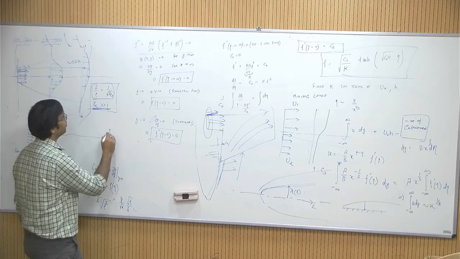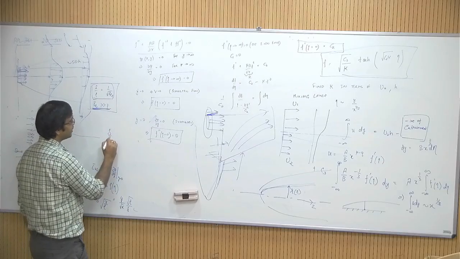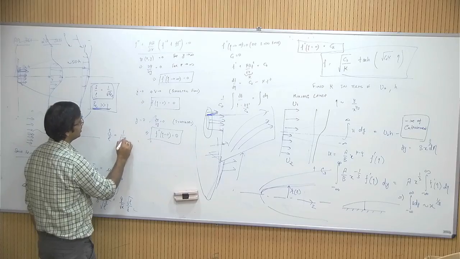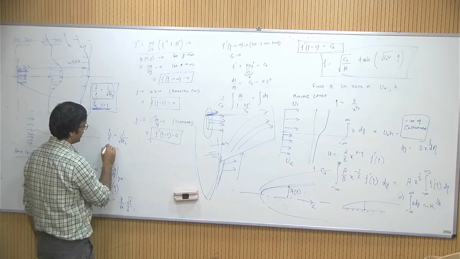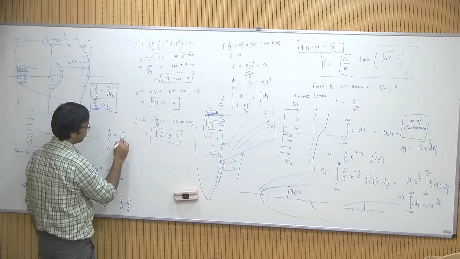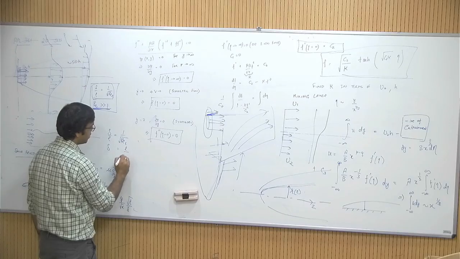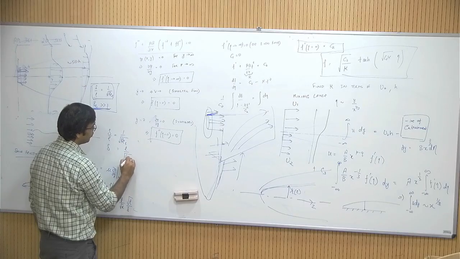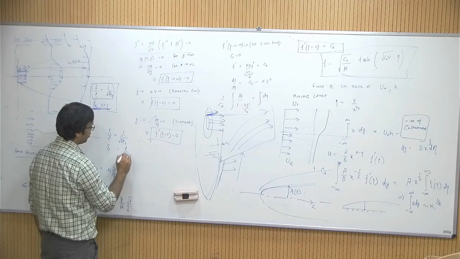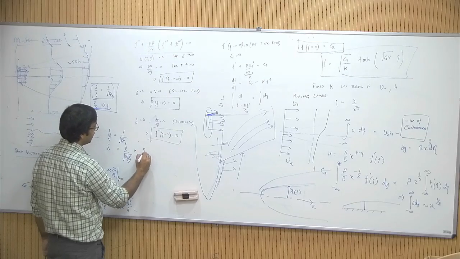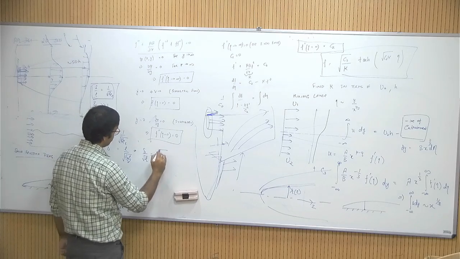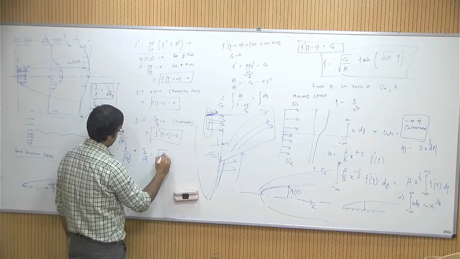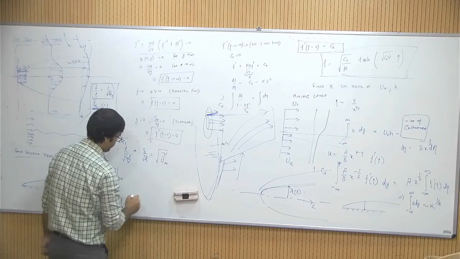Remember that we were looking in the regime where delta over L is 1 by square root Re_L, so delta is L by square root of u infinity L over nu. So delta over square root L actually is square root of nu over u infinity.